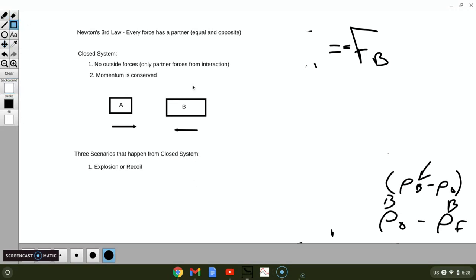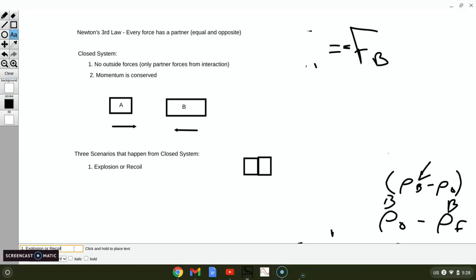So what we get here is two objects that are together. All right, and those are together, and they're touching, and initially they're not moving.